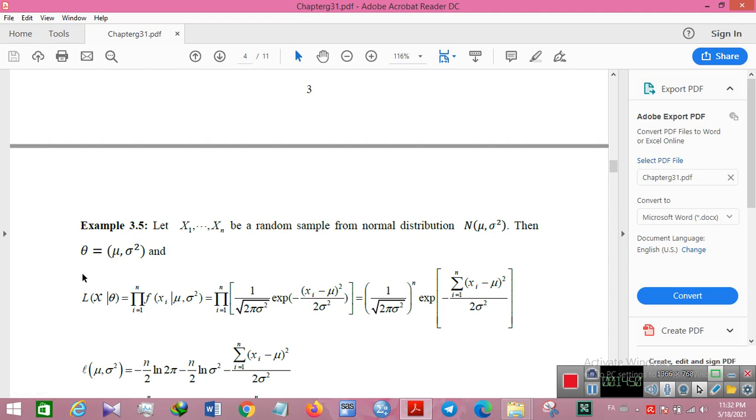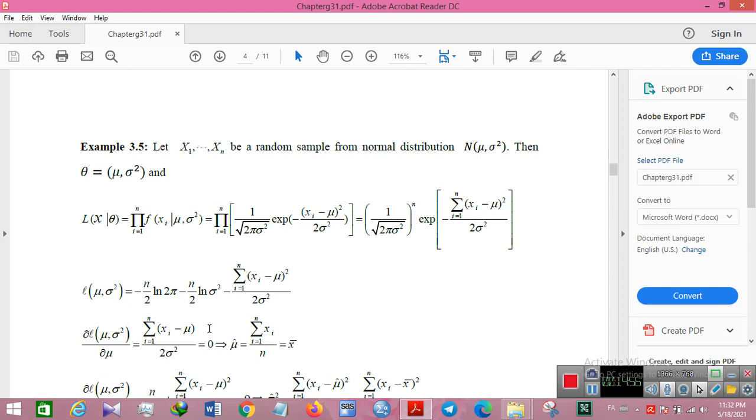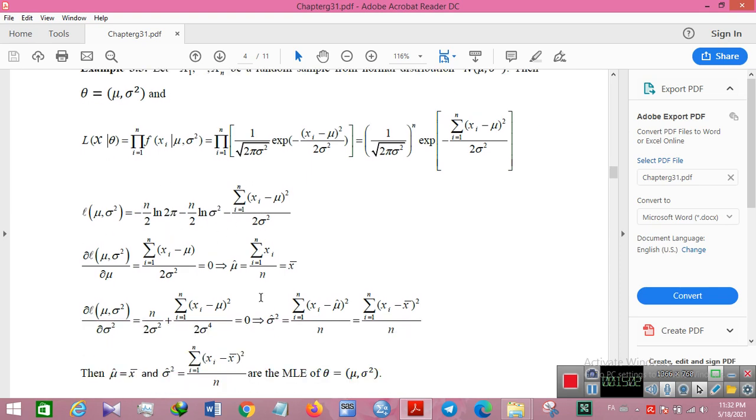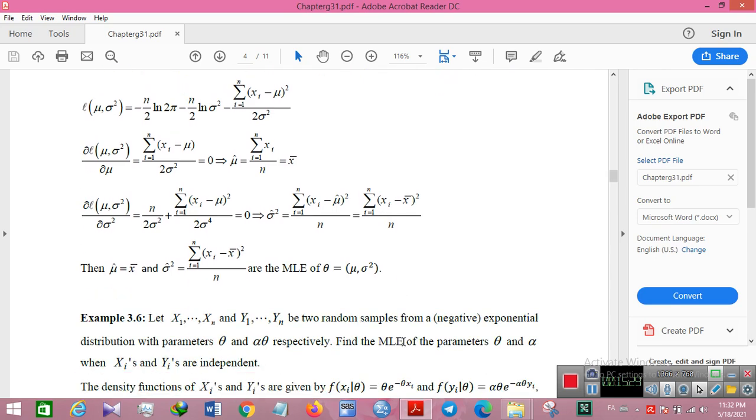The likelihood function is given by this formula and the log likelihood has this form. We take the derivative with respect to mu and with respect to sigma square, and solve these two equations to obtain mu hat equals x bar and sigma hat square equals the summation of (xi minus x bar) square divided by n.